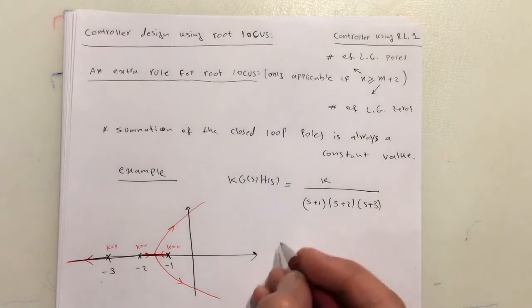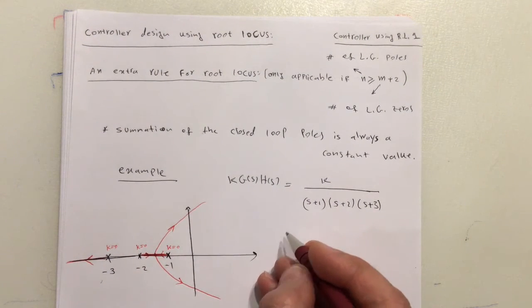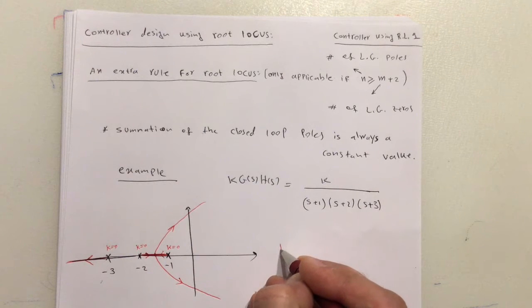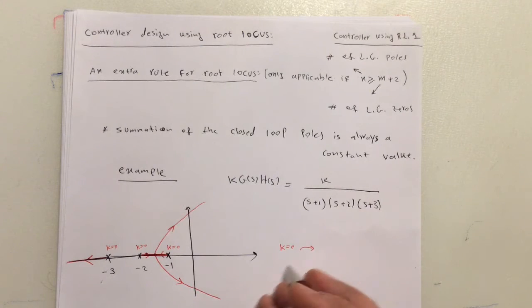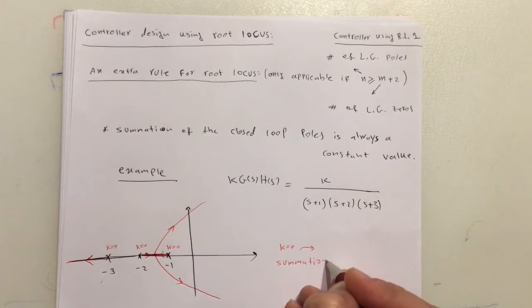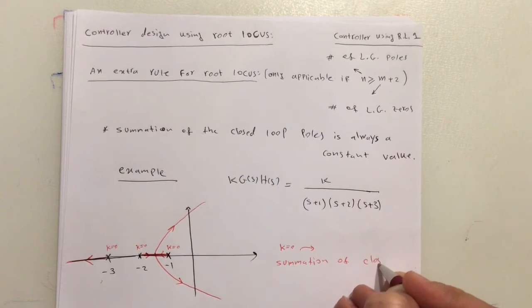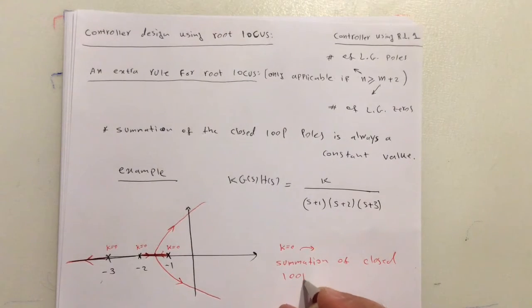So if k equals 0, what is the summation of closed loop poles?